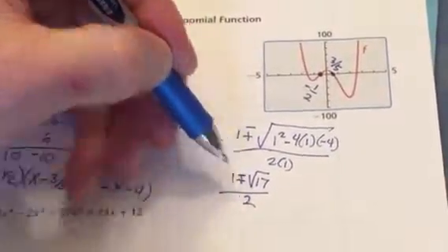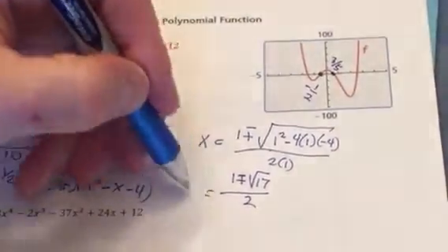And so we have 1 plus or minus root 17 over 2.